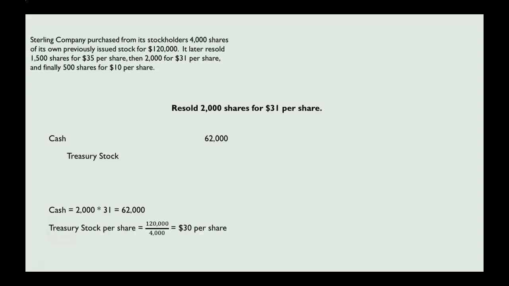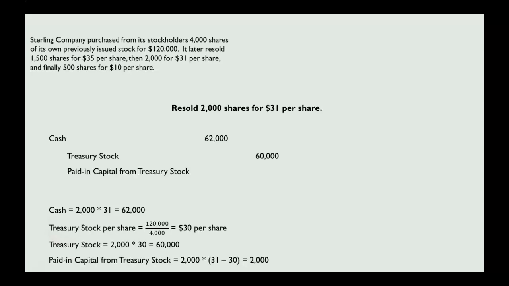Treasury stock, we're still working off of that $30 per share amount. So 2,000 times 30 gives us 60,000. Again, we need our paid-in capital from treasury stock. So we take 2,000 times 31 minus 30, our cash per share amount minus our treasury stock per share amount. And we see that we need to credit our paid-in capital from treasury stock for 2,000.